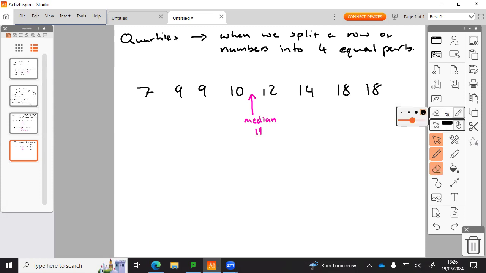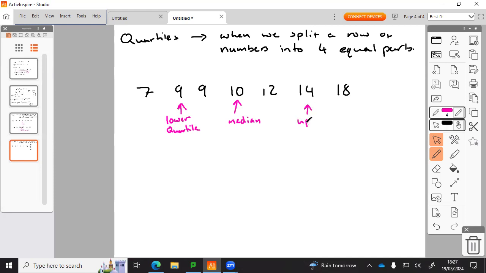It's going to be easier for ourselves, we've already written that down. I'm going to take away one of the 18s. Yeah, median. That would be our lower quartile, and that would be our upper quartile.